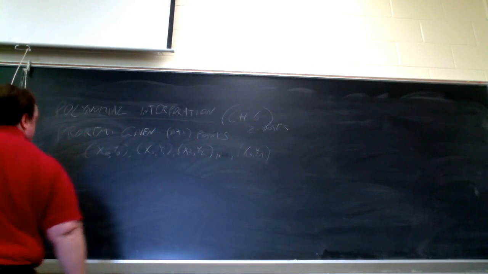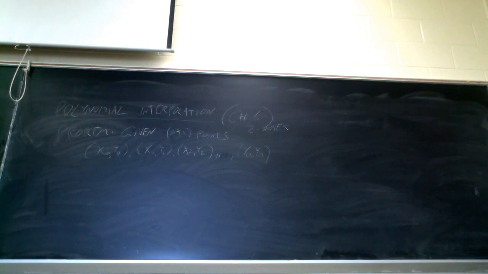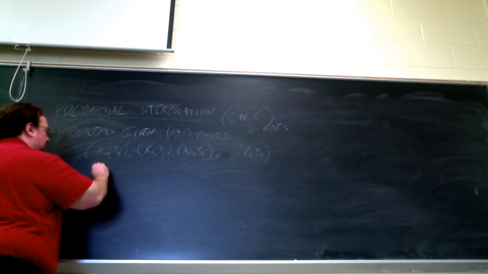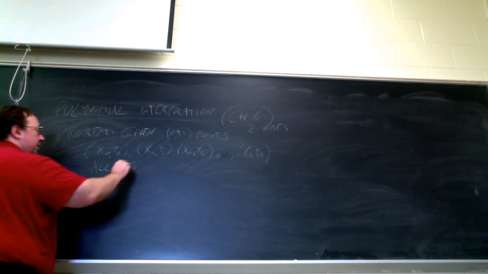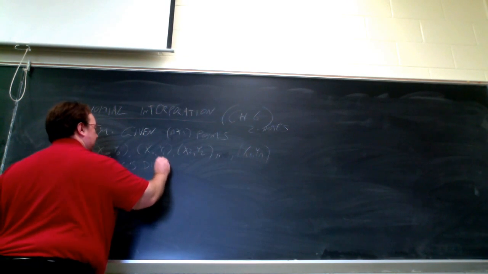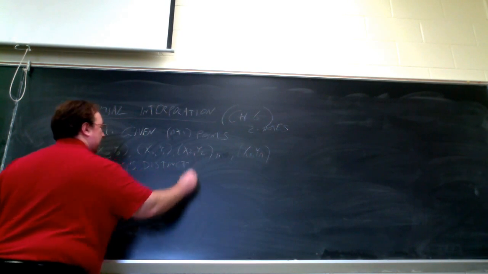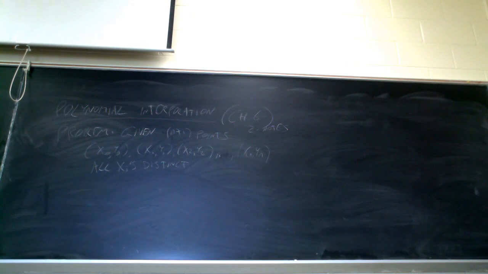And the only condition on these points is, at least for now, all the x's have to be distinct. So this has to be a set of points that could come from the graph of a valid function.